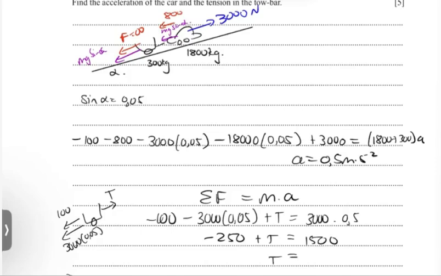Okay, and if I was to get my T on the other side, I just want to double check this. Minus 100. I don't think I included my 1000. No. Oh, goodness.